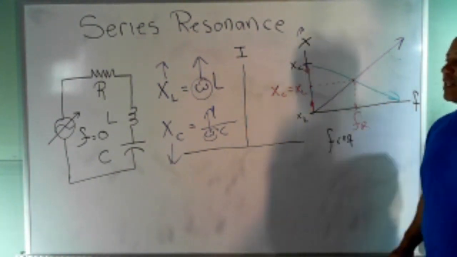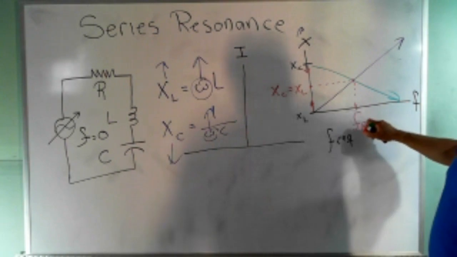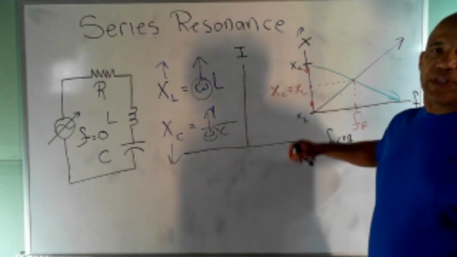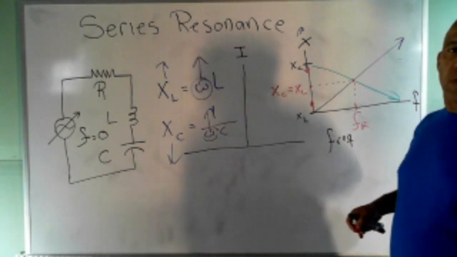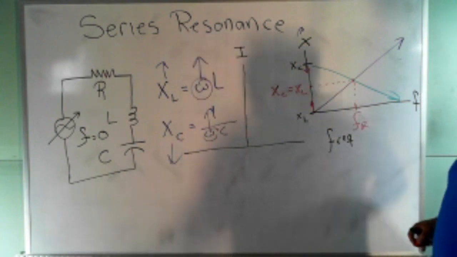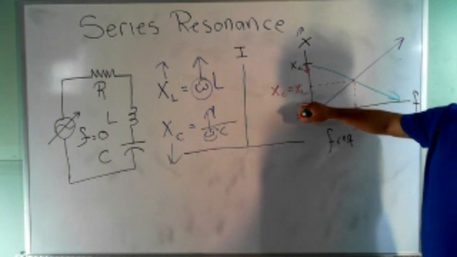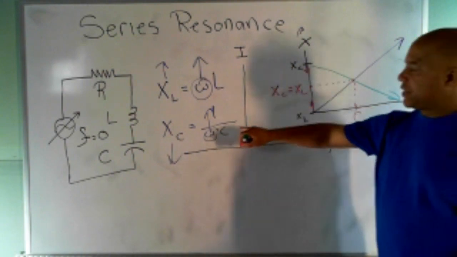And so what we did in the last class, we said, okay, if the resonant frequency is a frequency where the reactive oppositions equal each other, then we should be able to derive an equation for it. And I think that's how we ended the class. We started with this statement right here, XC equals XL. We know the formula for XC. We know the formula for XL.